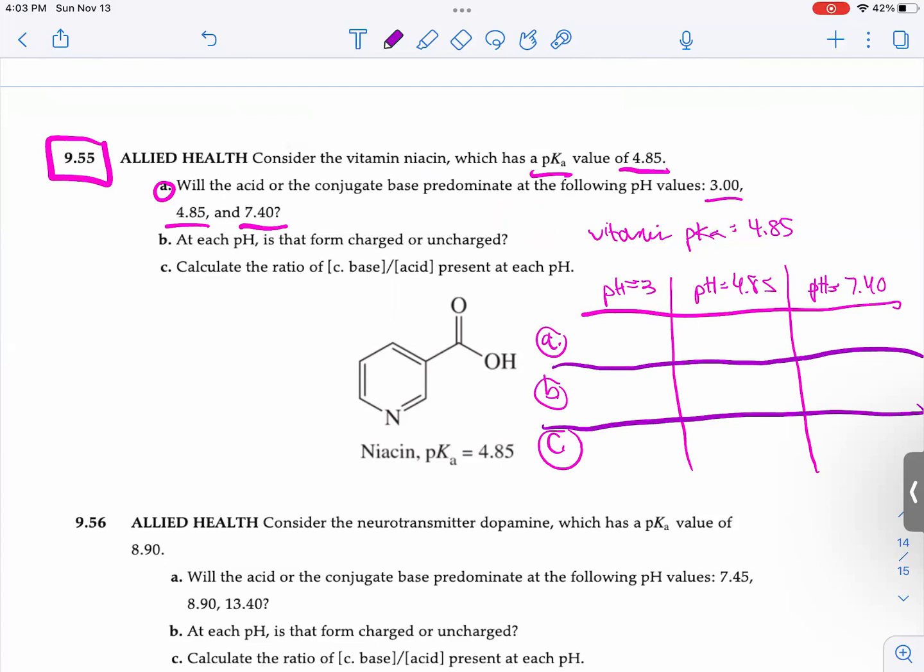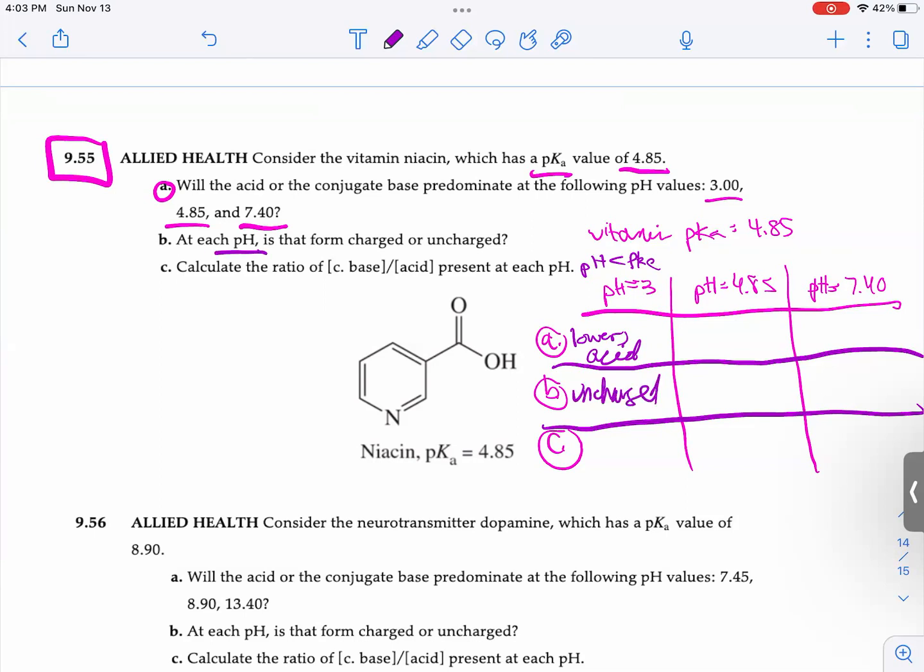Well, with pH of 3, you know that the pH is lower than the pKa. So that means we have something in the acid form. All right, so we have an acid. And so what we're going to have in this case is the uncharged.